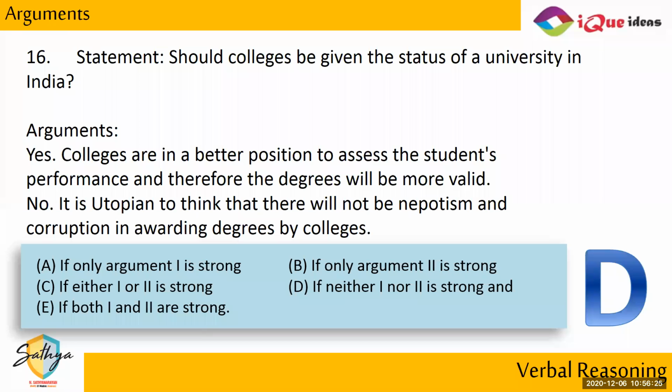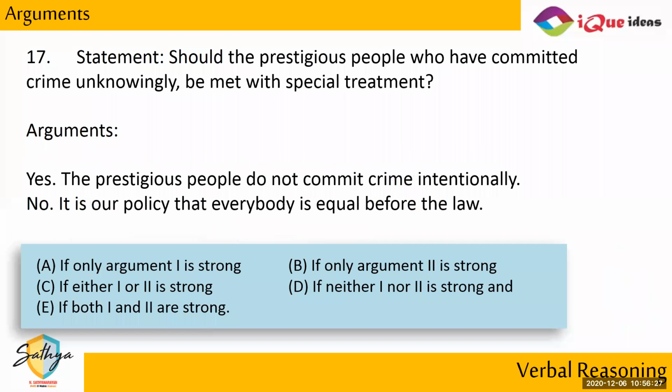Chalo, let's take one last example for the day then. Should prestigious people who have committed crime unknowingly be met with special treatment? Prestigious people is basically VIPs.